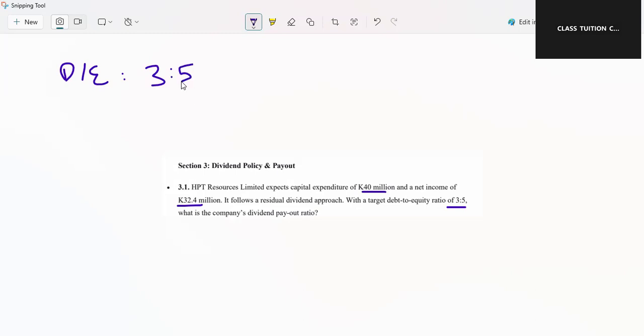So remember how ratios are done. We'll add this up. So 3 plus 5 is 8. So we're going to have 3 over 8, and we also have 5 over 8, the total.